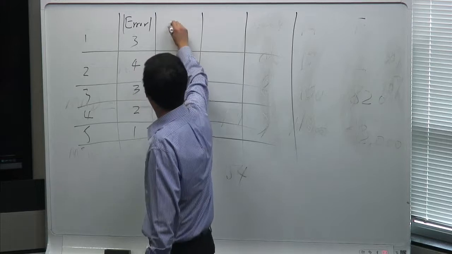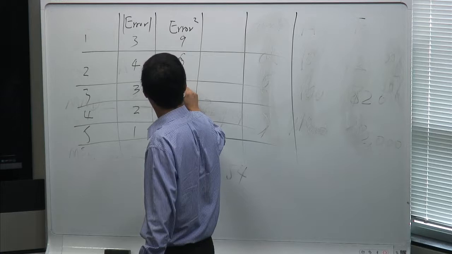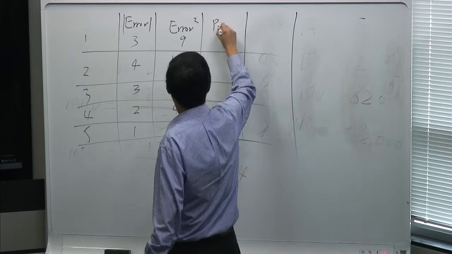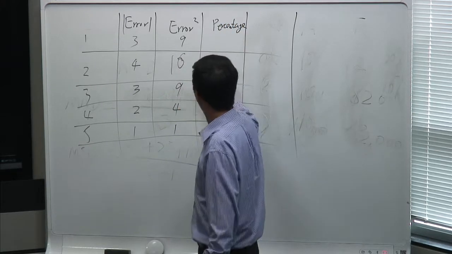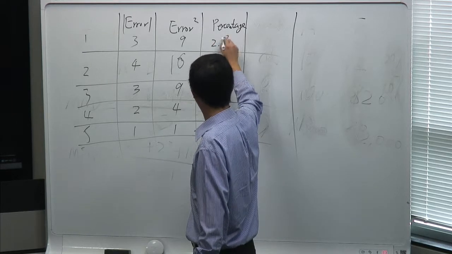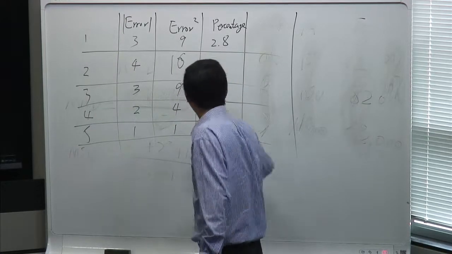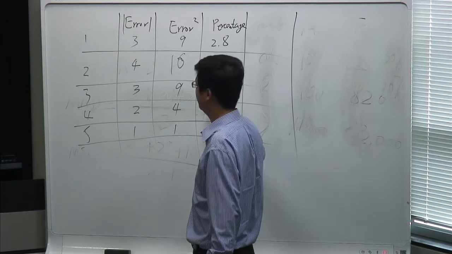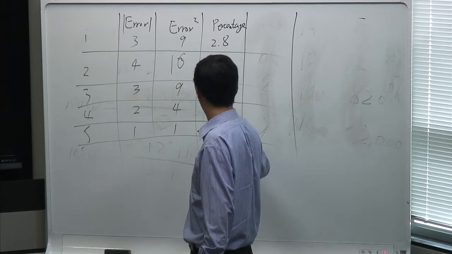Good. What about the square of the error? 9, 9, 16, 16, 9, 9, 4, 4, 1. Finally, the percentage error, I won't write down the formula. 2.8, 3.2, 2.6, 1.7, and 0.9.